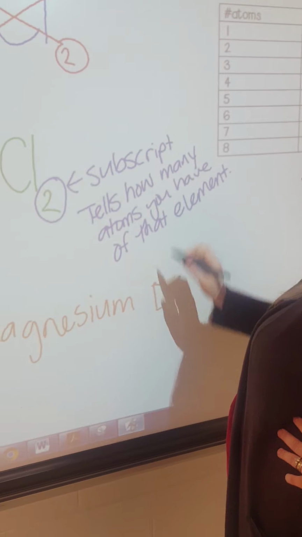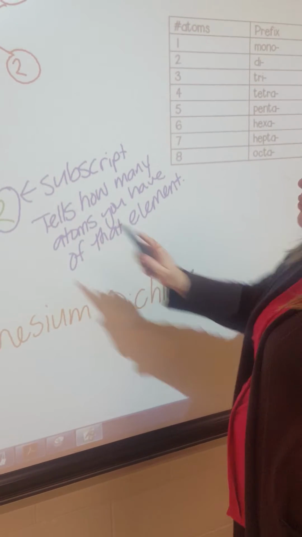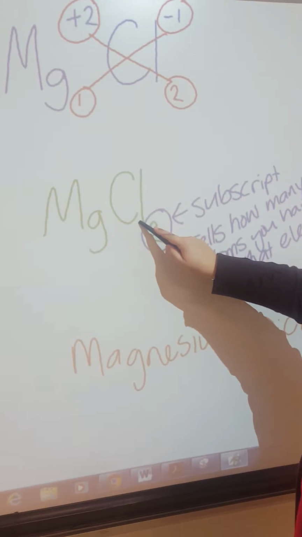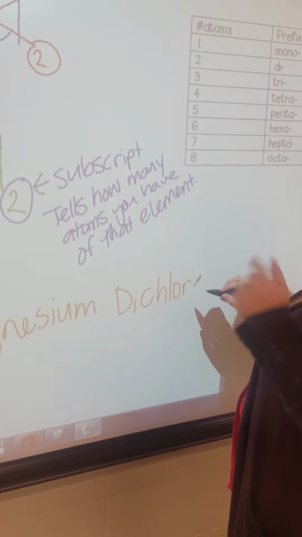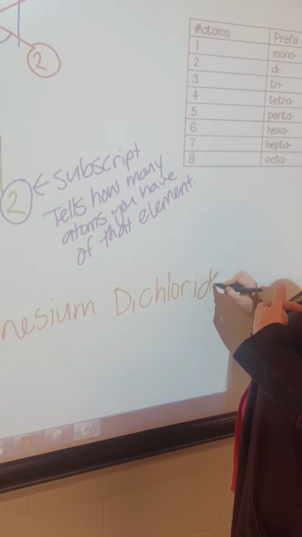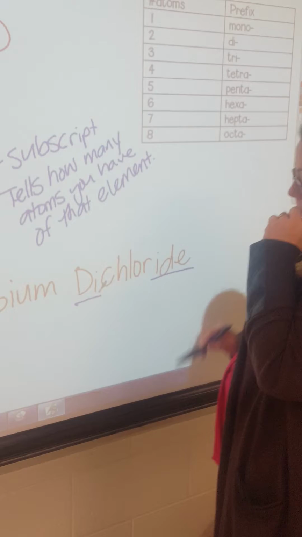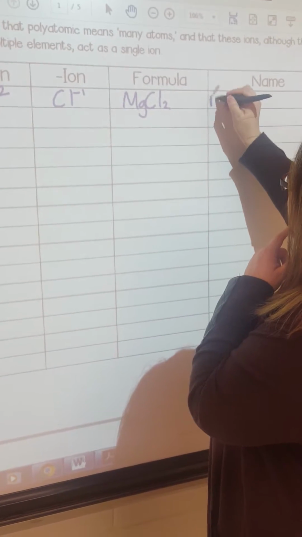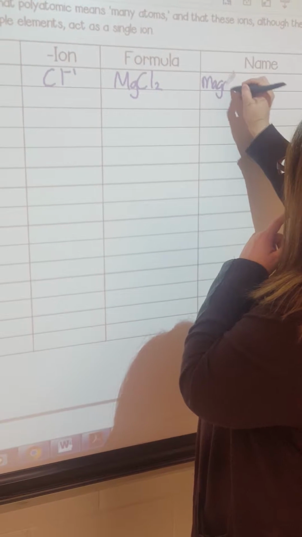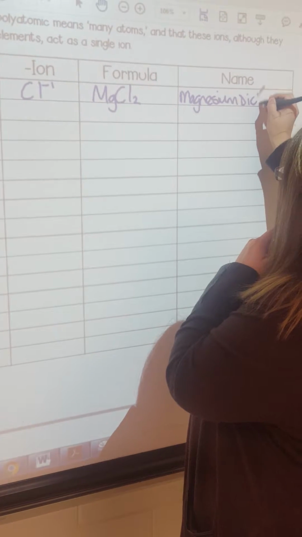So I'm going to write di, and then begin to write chlorine. But with your second ion, you want to drop the ending and add IDE. So I'm going to drop INE and write IDE. There's my prefix, and here's my ending. Let's go back to your paper. On your paper, you're going to write magnesium dichloride.